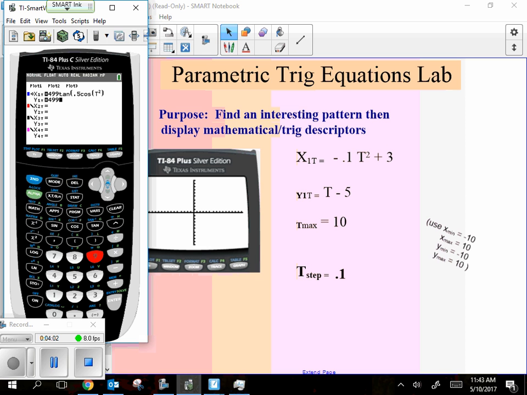Why 499? Okay. 499 what? Of sine t squared. Oh, thank you. All right, now I'm going to hit graph.